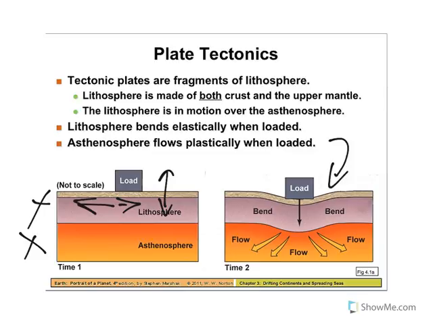So when our plate is loaded with weight, meaning think about, say, mountains, right? They're much heavier and thicker. Or an area that might have a glacier on it is heavier and thicker. It's going to physically push down that lithosphere. It's sitting like that heavy boat. So when the lithosphere is pushing down on the asthenosphere, it's going to cause the asthenosphere to move.